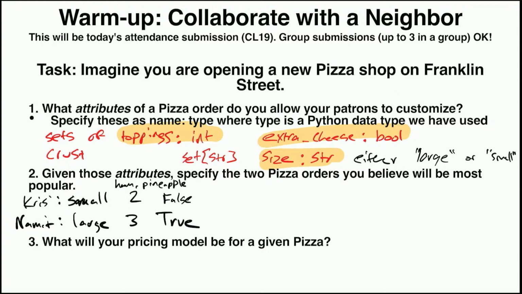All right, the point that I want to drive home, which hopefully feels so obvious that you might wonder why we're even talking about it, is that a pizza in our hypothetical world or business is modeled with 3 different attributes: toppings, extra cheese, and size.